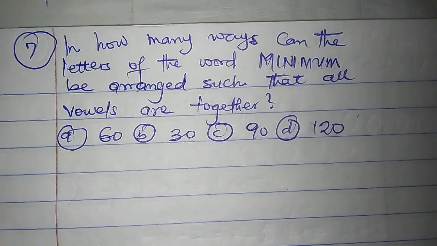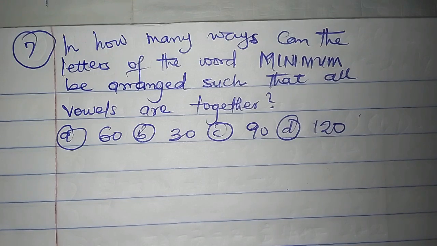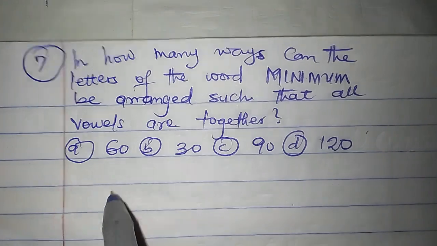This is the next question. In how many ways can the letters of the word minimum be arranged such that all vowels are together? Okay, this is the word minimum.